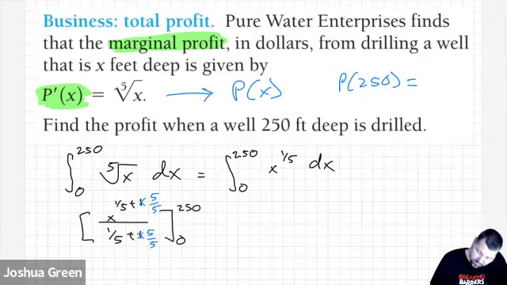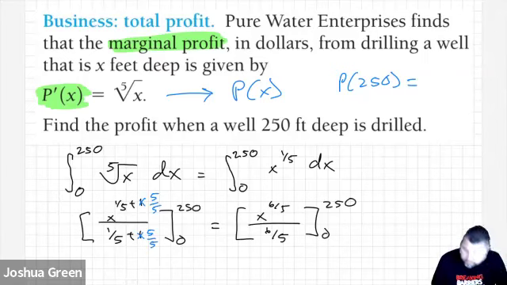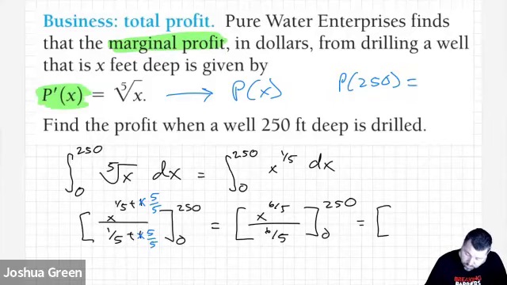So what we'll have here is x to the 6/5 all over 6/5, 0 to 250. And I would actually encourage you to go one more step and say 5/6 times x to the 6/5. Okay.